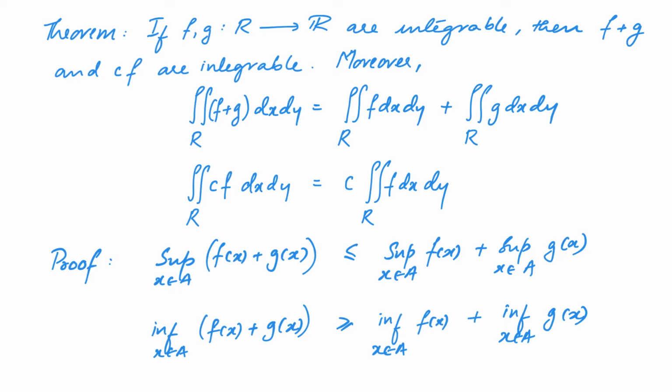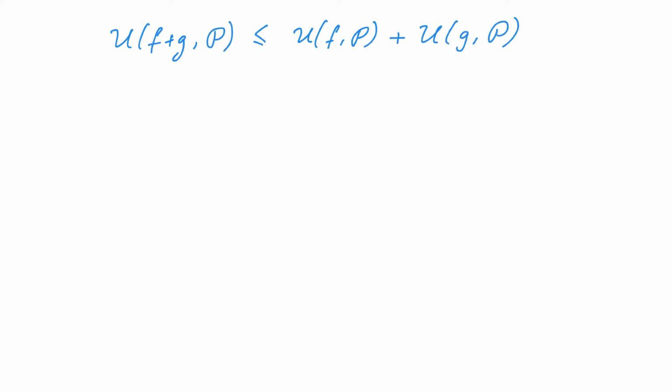More precisely, the upper sum of f plus g over the partition P is less than or equal to the upper sum of f over P plus the upper sum of g over P. Similarly, the lower sum of f plus g over P is greater than or equal to the lower sum of f over P plus the lower sum of g over P.